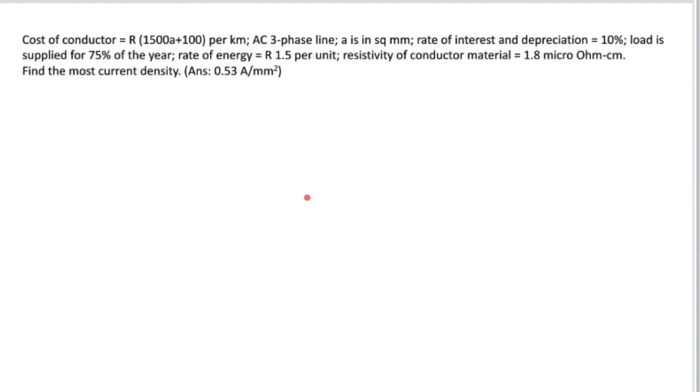So that is R. And now the time is 8,760 times 0.75, which is at 75%. And now we need to consider the conversion to kilowatt hour, meaning times 10 to the power minus 3, times 1.5 rand per kilowatt hour. So that is the cost of energy wasted.